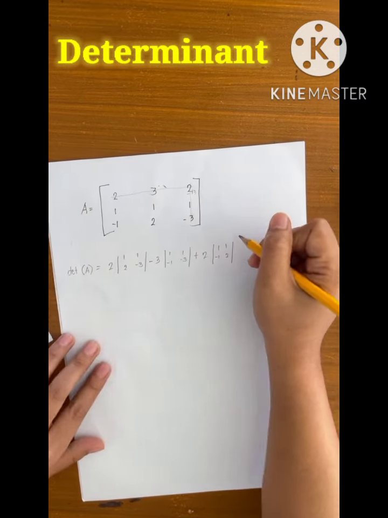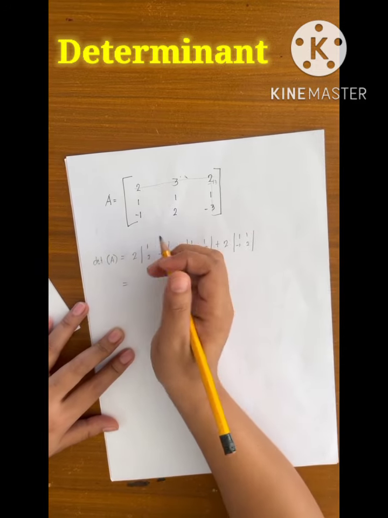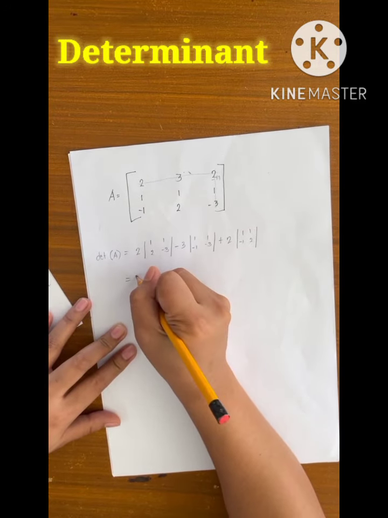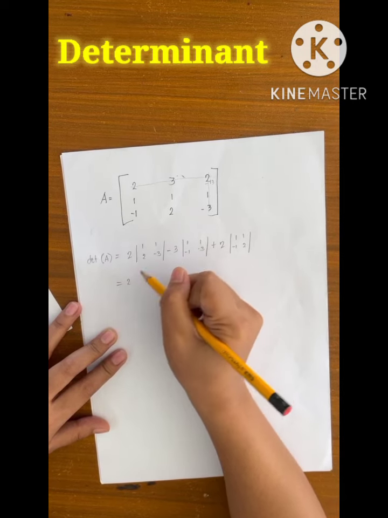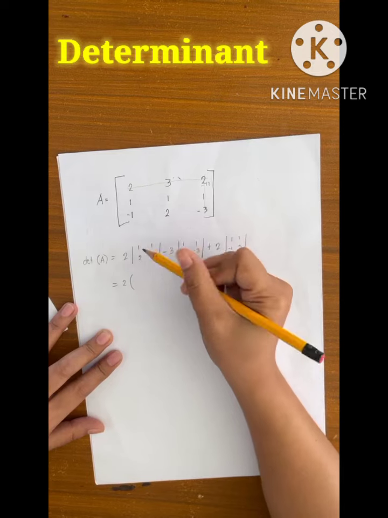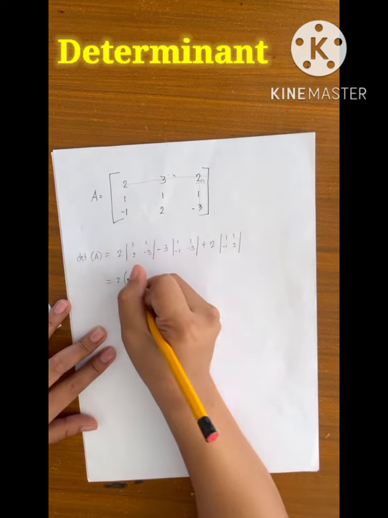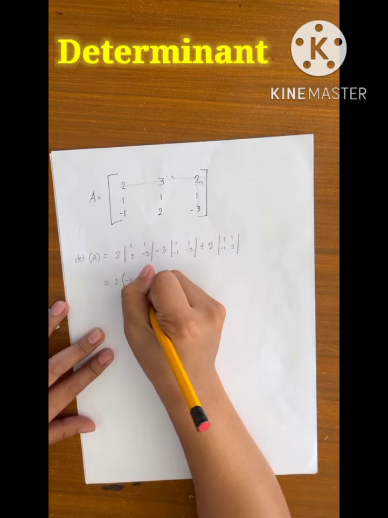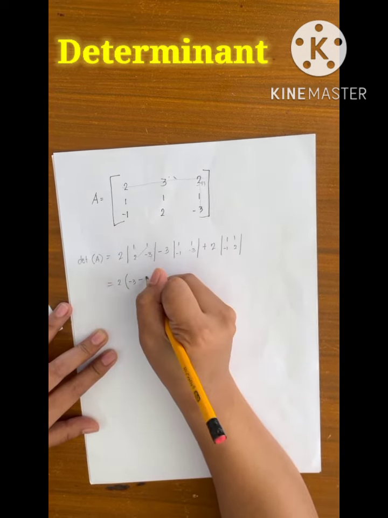So now let's proceed by using our knowledge in finding the determinant of a 2 by 2 matrix. So we'll copy 2. Determinant of this matrix, 1 times negative 3 is negative 3, minus 1 times 2 is positive 2.